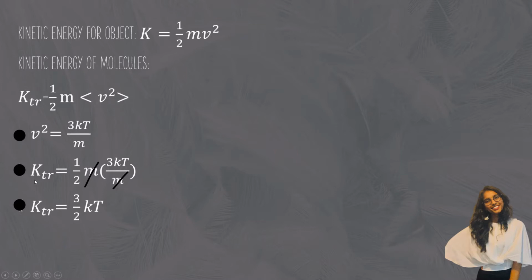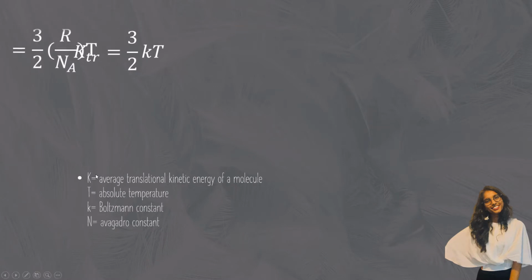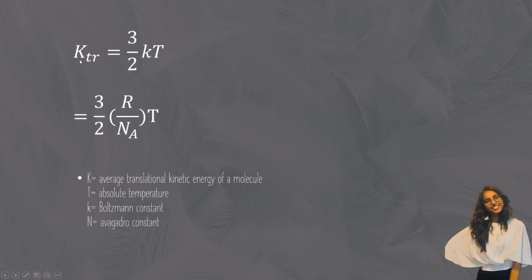We get K equals 1 over 2 m times 3kT over m. So we can cancel these two m's and we get K equals 3 over 2 kT.